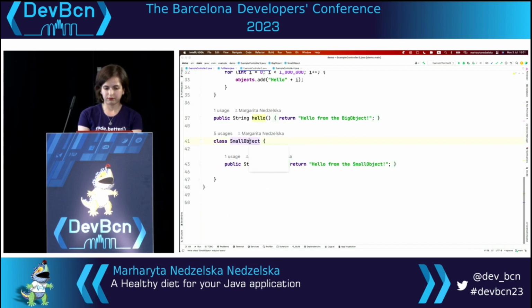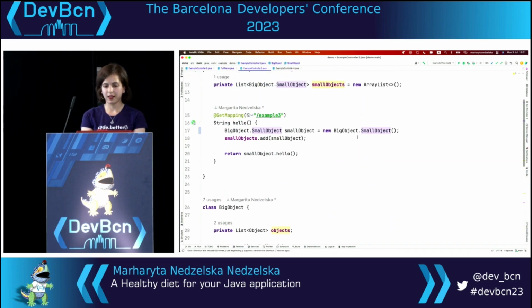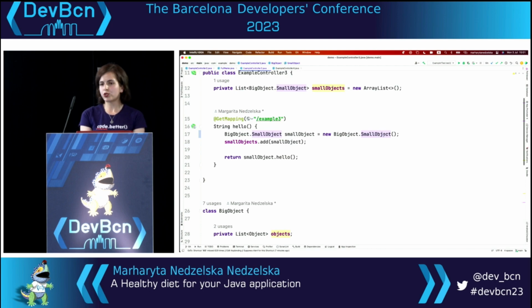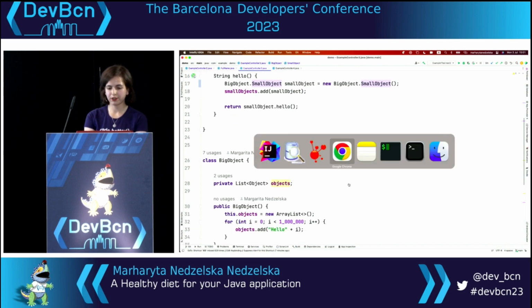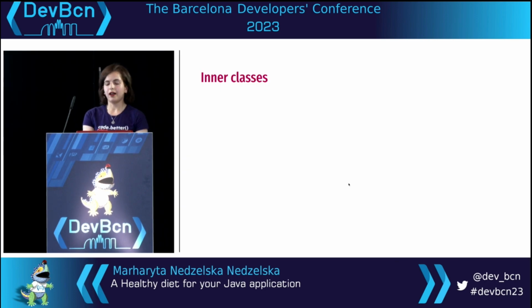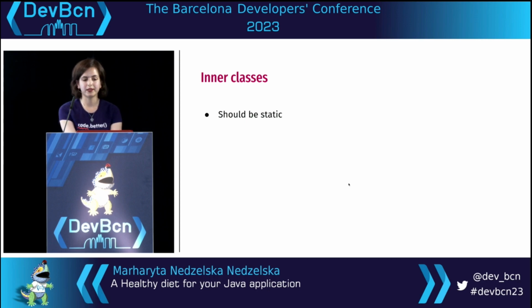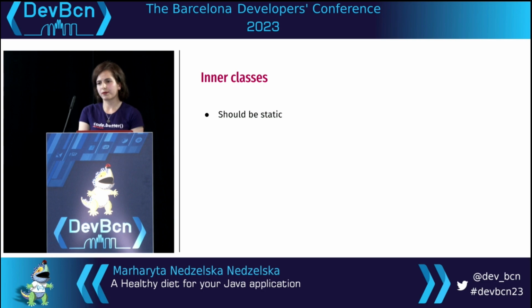And how can we fix it? We can use IntelliJ refactoring and make it static. This way, SmallObject doesn't reference BigObject, so we are safe. To get back to our presentation, we should be careful with inner classes. First of all, in most cases, they should be static.